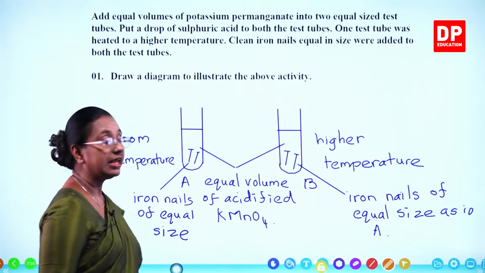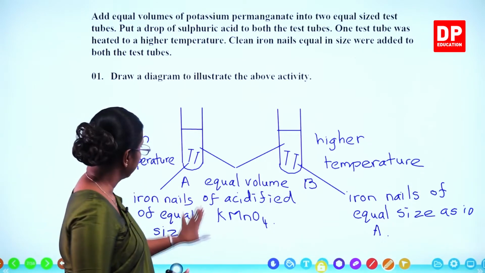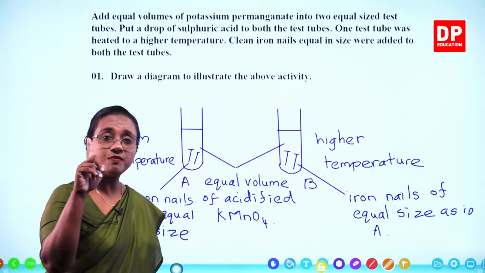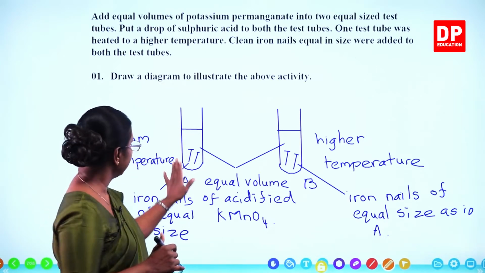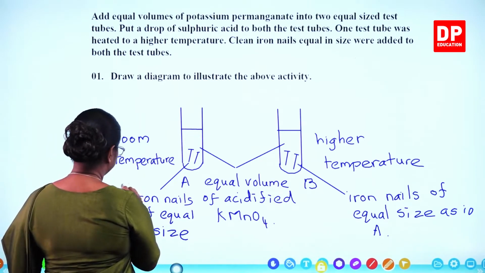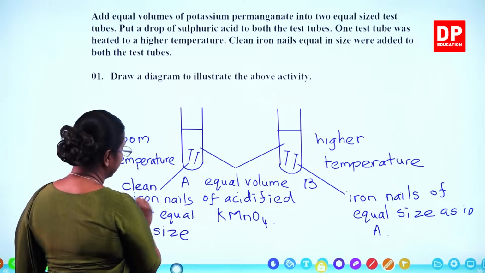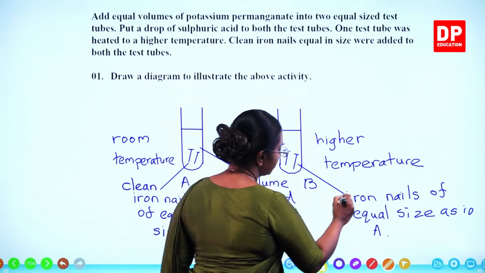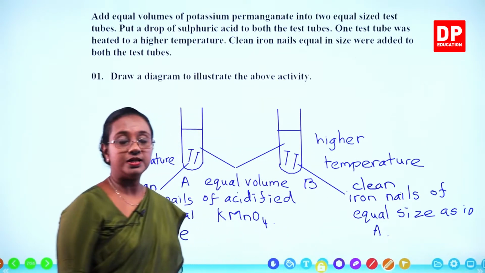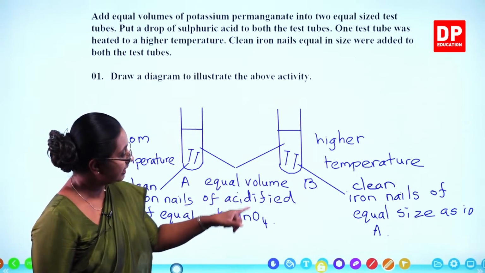So we have included all the information. In this also both the nails are of equal size. You can just draw one nail also, that's also fine. It has to be clean iron nails. You can include that as well. Clean iron nails of equal size. Here also clean iron nails of equal size as in A.